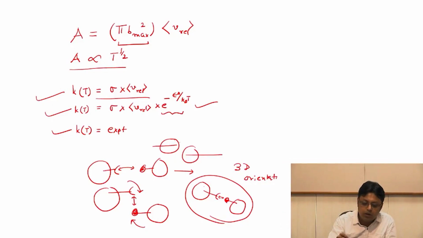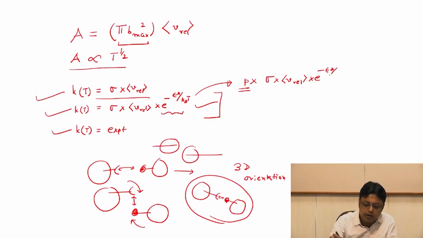So to get a better result, people sometimes compare these two values and say, okay fine, actually we'll get the true value if we multiply it with some other factor, which is called P, known as the probability factor, times this modified rate constant, which is sigma times V relative times e to the power minus epsilon star by kBT.